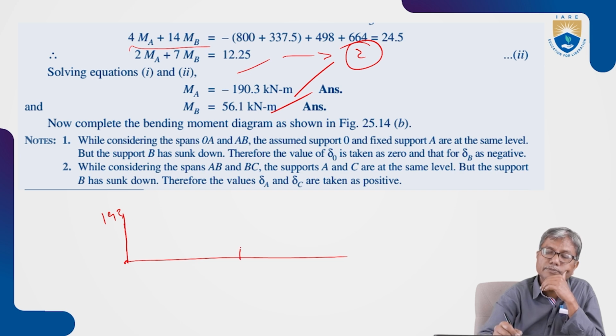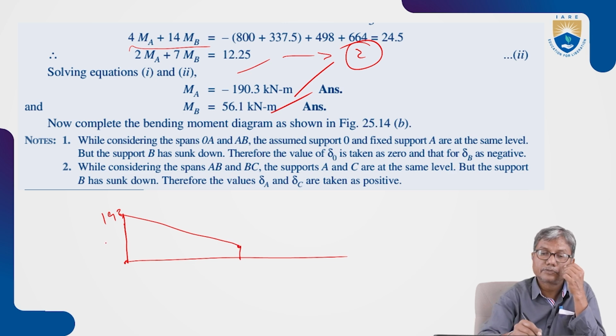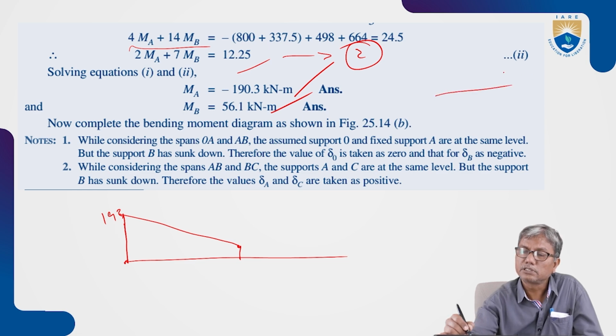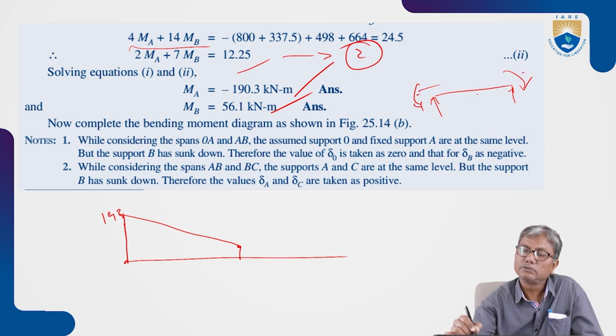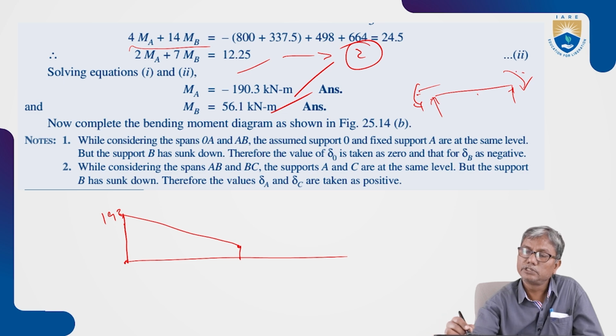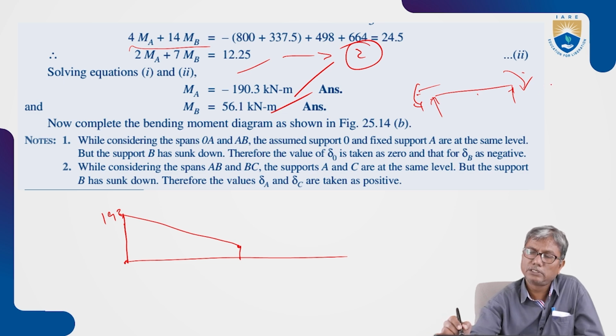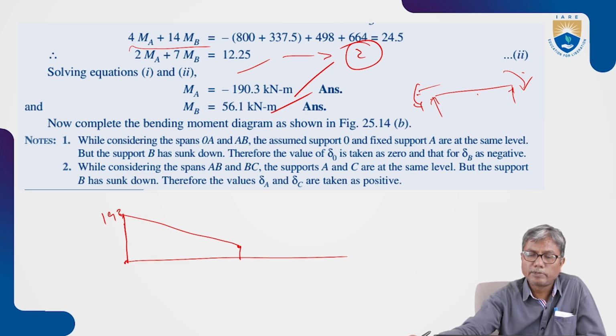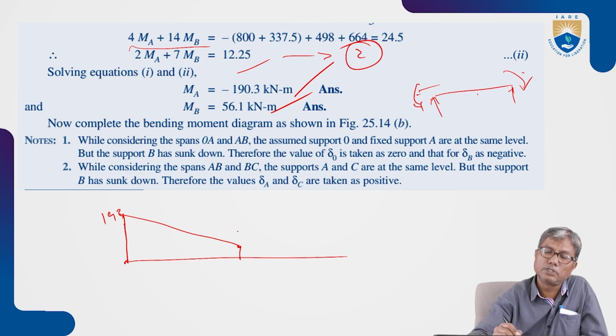Okay. So now to draw the bending moment diagram, at A it is minus 193. Okay. At B it is 56 plus. Okay. Plus minus means plus means clockwise you will have. Here you will have anti-clockwise. So both are negative when you consider bending moment diagram. Is it? Both are hogging in nature. Both are producing hogging moment. So both are negative value.